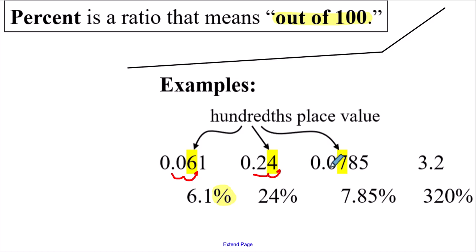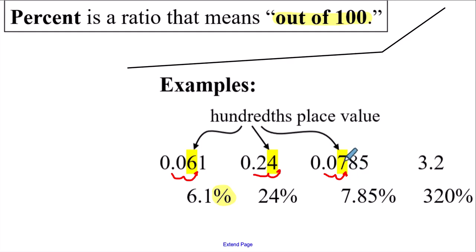Here's another example, 0.0785, which is actually called, let's see, not hundredths, thousandths, 10,000ths. So 785 10,000ths. But since I'm trying to turn it into percent form, I'm still moving that decimal point only to the end of the hundredths to make it 7.85%.